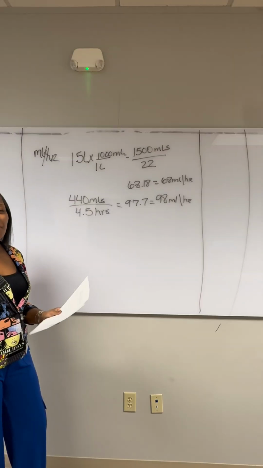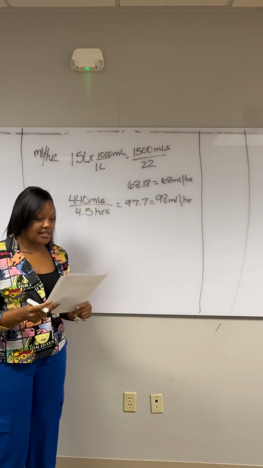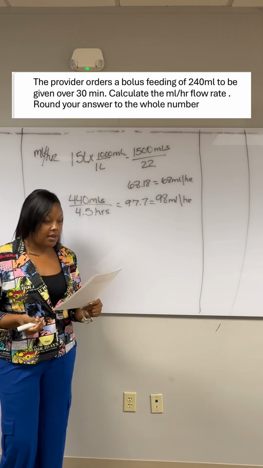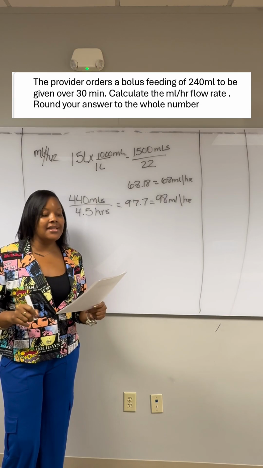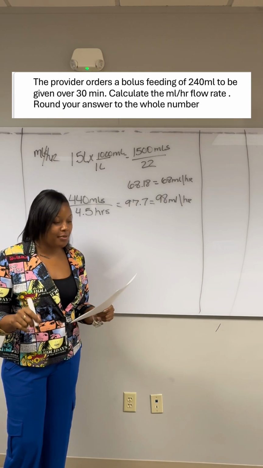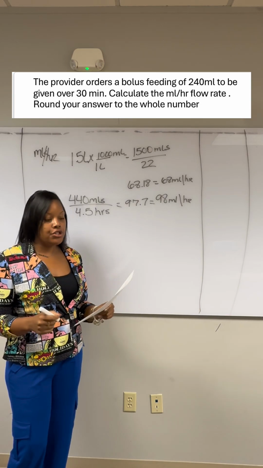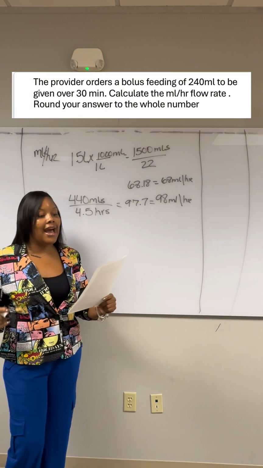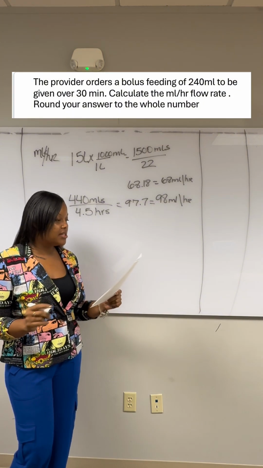All right, let's do one more and let's switch it up. It says that the provider orders a bolus of feeding 240 mLs to be given over 30 minutes. Calculate the mLs per hour flow rate. So we know that we need mLs, which we got, but we need to be in hours, which we're not. We're in minutes. So this is what we're gonna do.